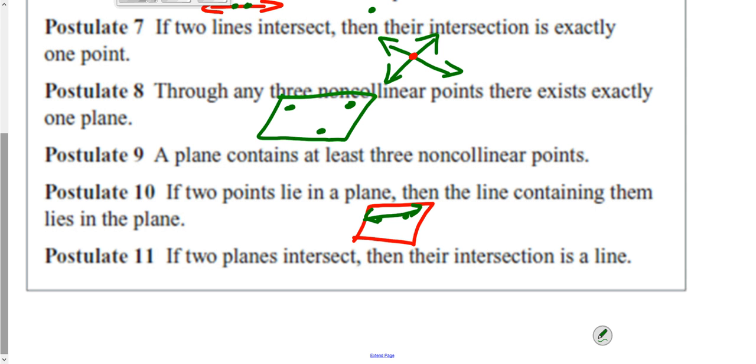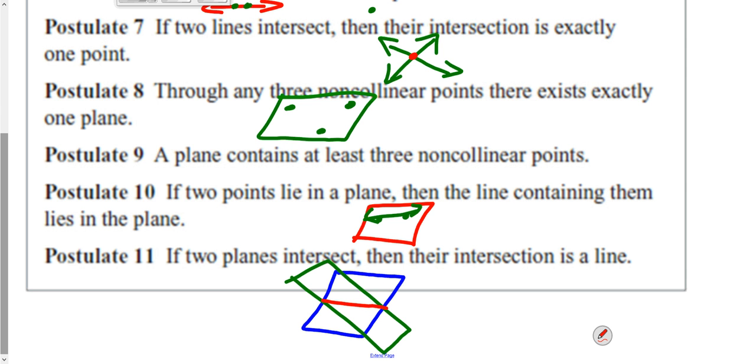Postulate 11, if 2 planes intersect, then their intersection is a line. And this was also in Unit 1. We have 2 planes that intersect one another. They will intersect at a line.